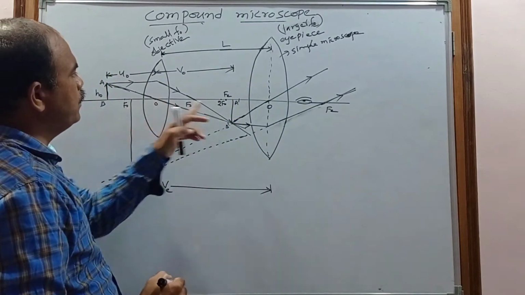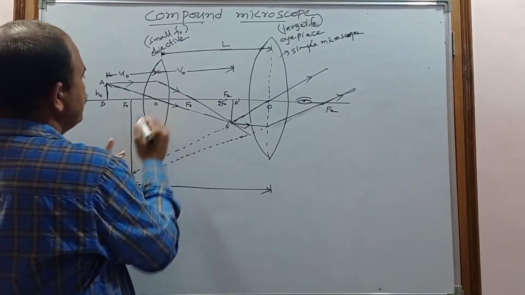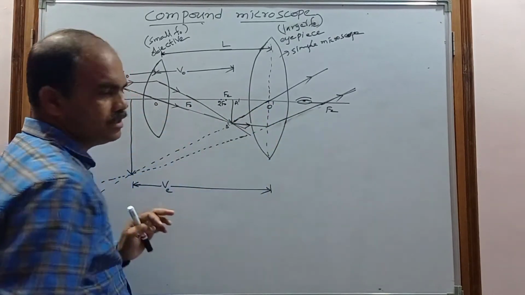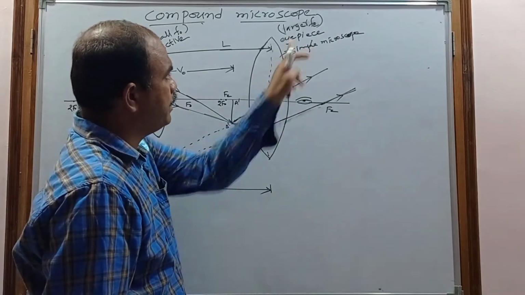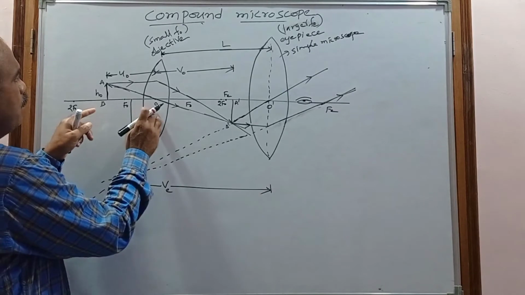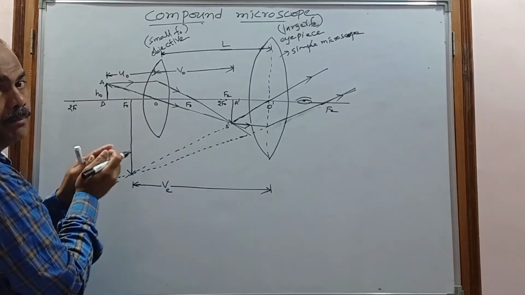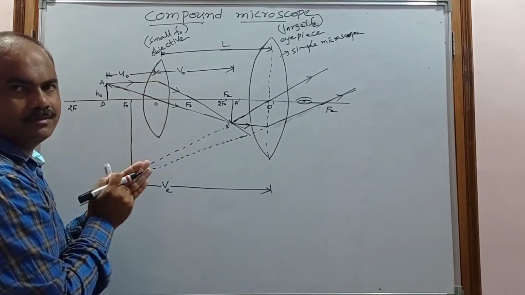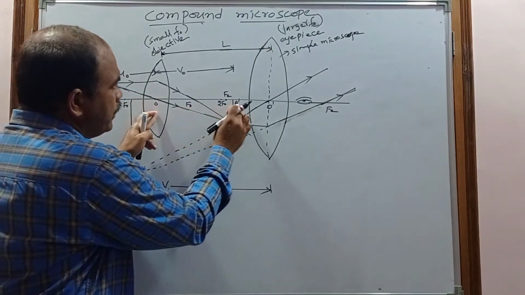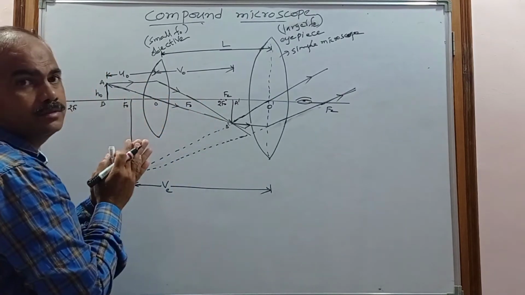From O to A dash will be V0. Consider this is O and this is O dash. O dash is the optic center of the eyepiece, and O is the optic center of the objective. From O to B, OB is taken as the object distance for the objective, and from O to A dash is the image distance for the objective.